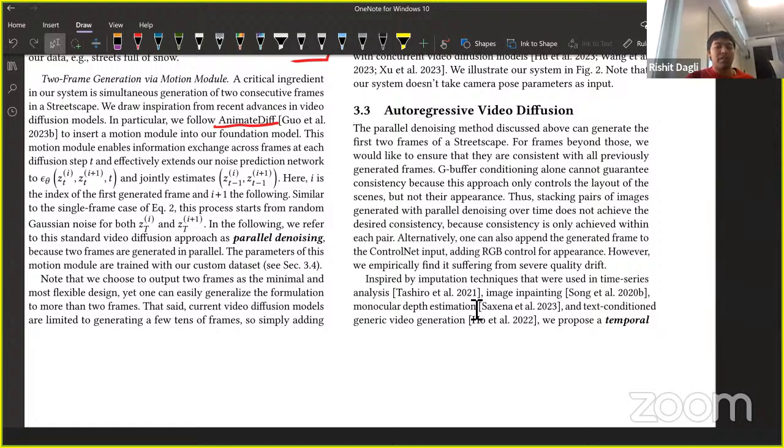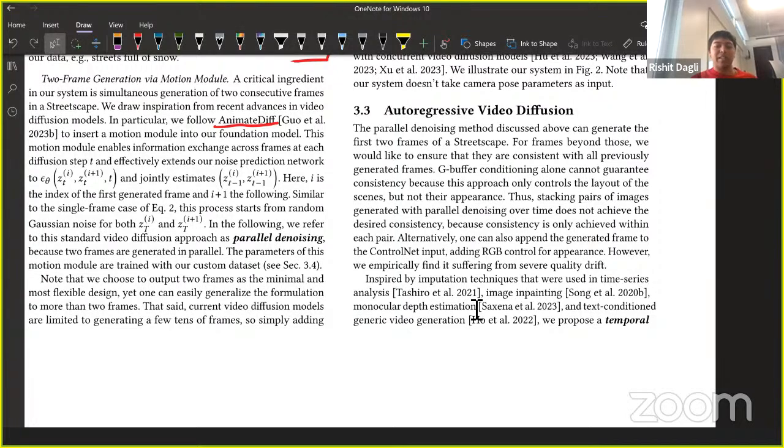But an interesting thing that they find is, you anyways have ControlNet, right? And it will allow you to condition on whatever you want. So one technique is to just take the frame that was just generated and pass it into ControlNet for the next generation. And this is really problematic, as they say.